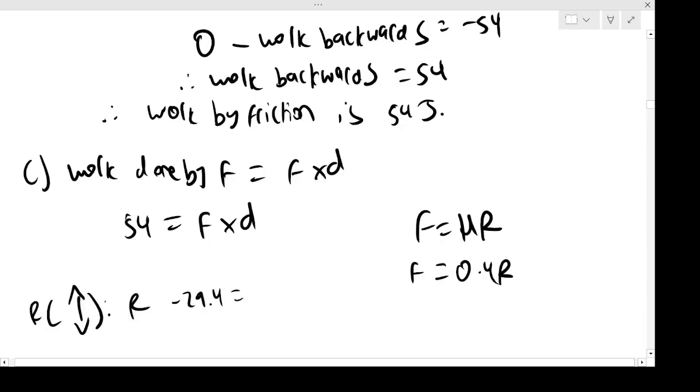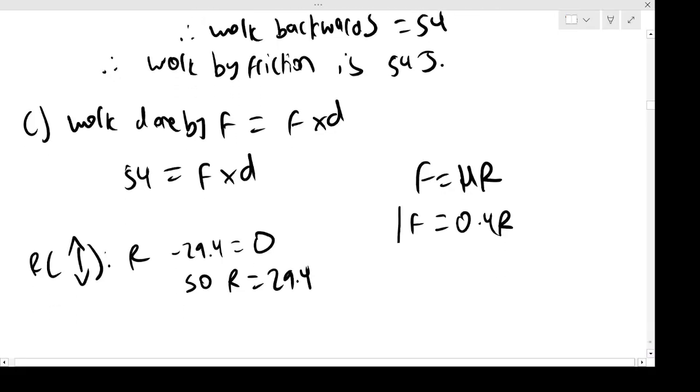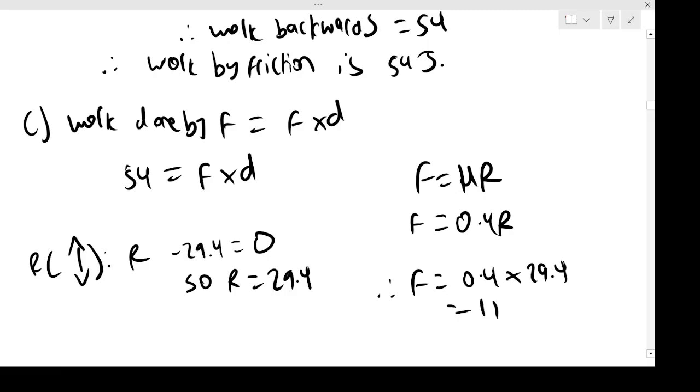Again, that's going to equal mass times acceleration, but there is no acceleration up and down, so it equals 0. So very simply, R is 29.4. So therefore, I can now find friction. That means friction is 0.4 times 29.4, which will get me 11.76 newtons.